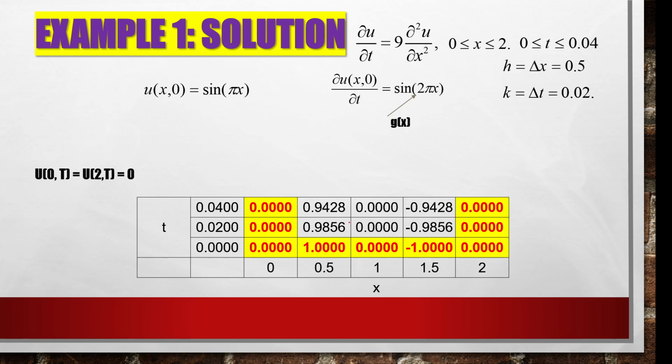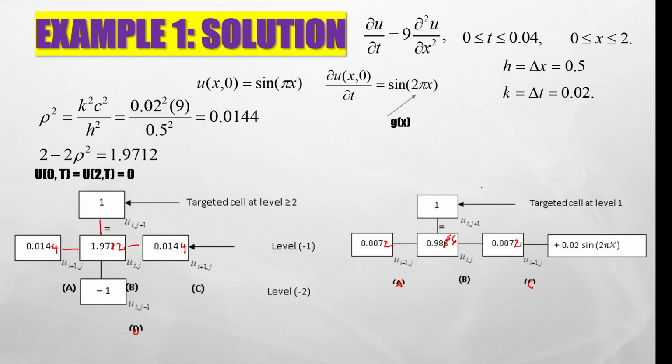So now we want to calculate, this is level 0, level 1, sorry. This is level 1. Level 0 is from the initial condition, and then level 2. To calculate level 1, you must use that 2-level molecule.